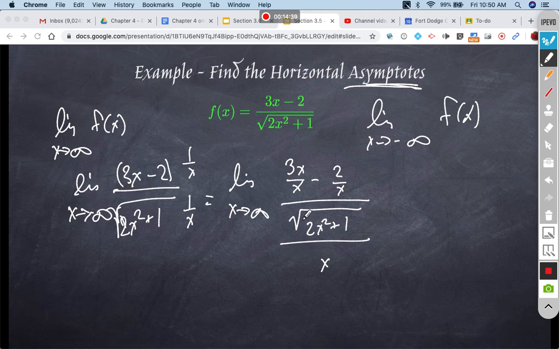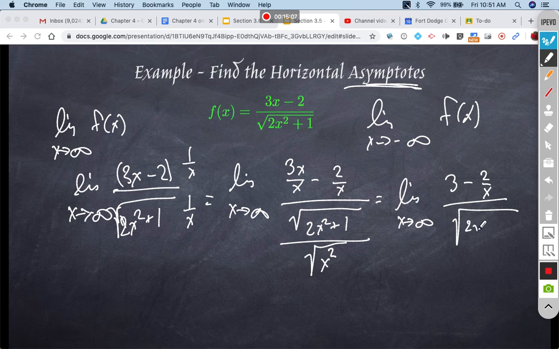We have one inside the square root and one outside, so I'm going to make this x be the square root of x squared. So I have the limit as x approaches infinity of, on top, 3 minus 2 over x. On the bottom, I get the square root of 2x squared over x squared plus 1 over x squared.